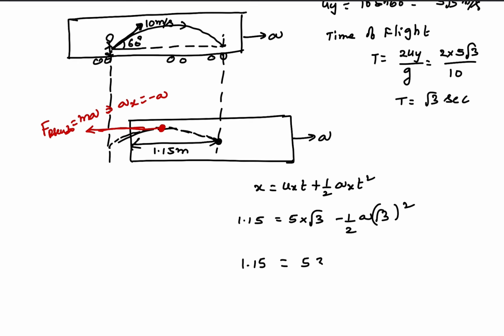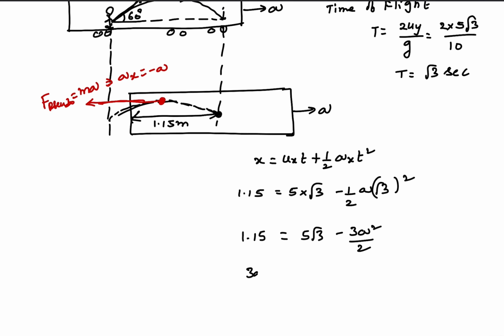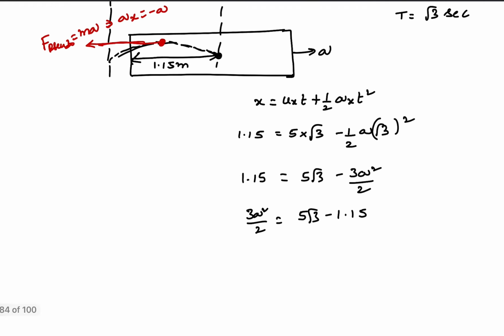You substitute there: 1.15 is equal to 5 root 3 minus 3a square divided by 2. 3a square by 2 is 1.5 a square. You can write that 1.5 a square is equal to 5 root 3 minus 1.15. The value of 5 root 3 is 5 into 1.732, which gives 8.5 minus 1.15.